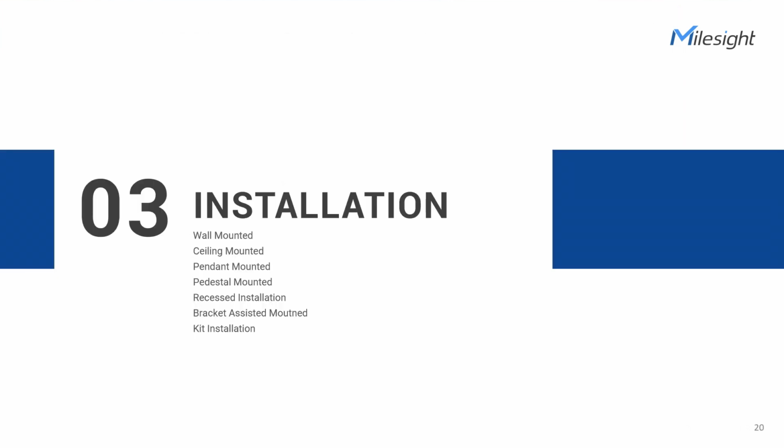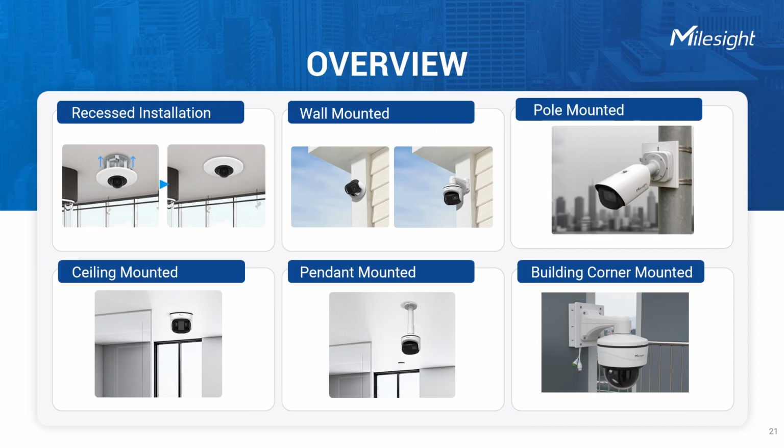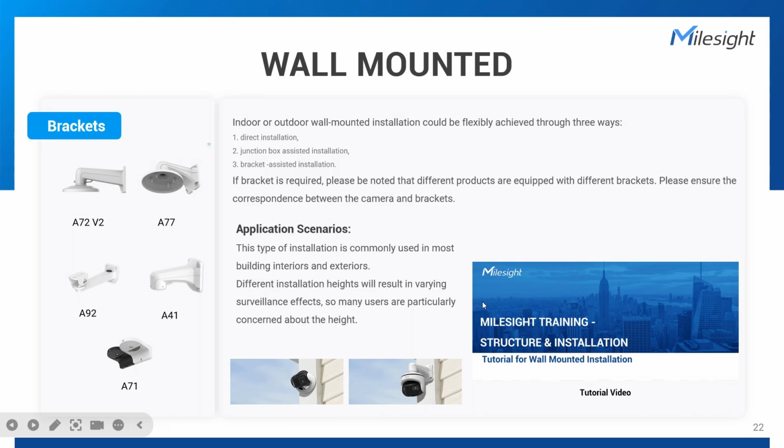And here let's look at the installation methods. Most of our cameras support recessed installation, wall-mounted installation, pole-mounted installation, ceiling-mounted installation, pedestal-mounted installation, and building corner-mounted installation. These 6 common installations have their own features, and I will introduce them one by one. Firstly, the most commonly seen installation method, wall-mounted.